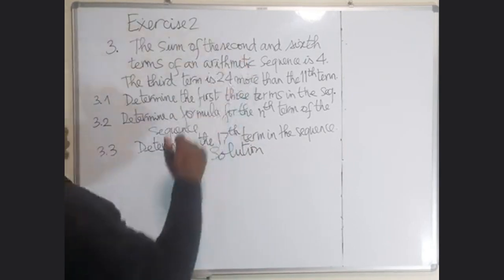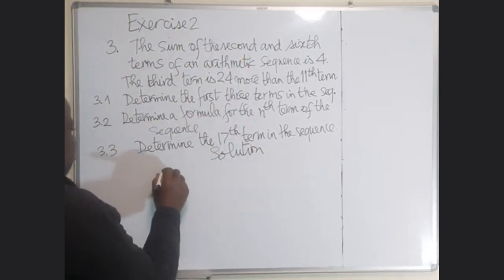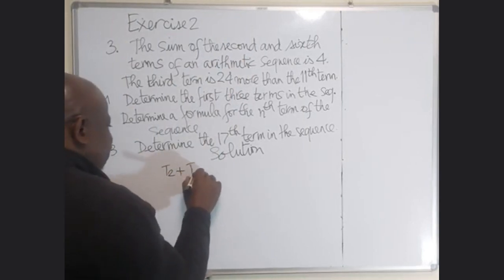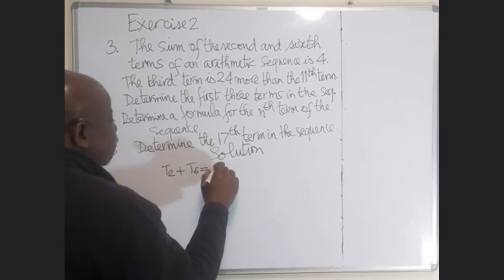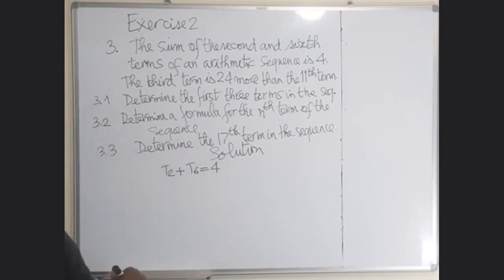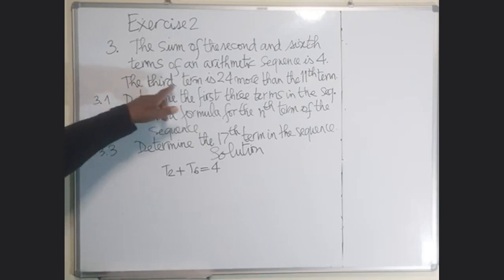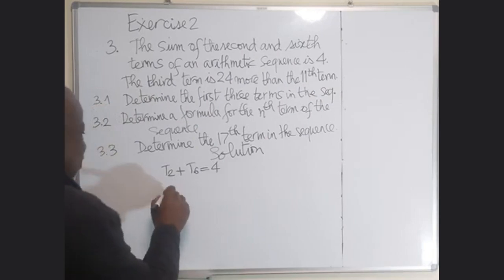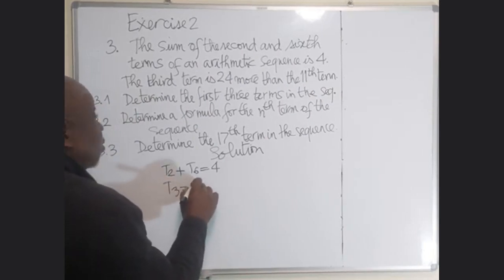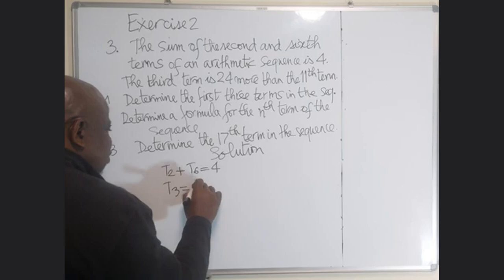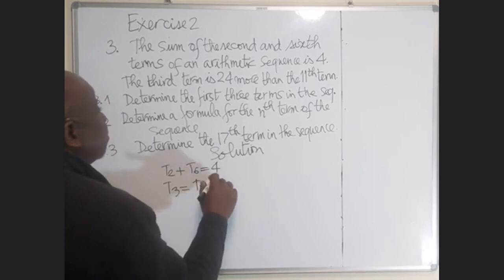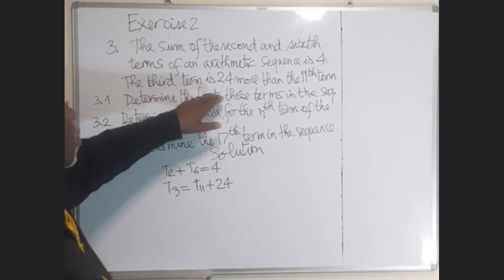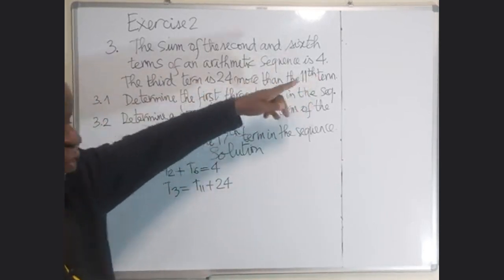The sum of the second, so we'll be having T2 and the 6th term, T6. This is going to give us 4. The third term is 24 more than the 11th term. So we'll be having T3 equal to T11 plus 24, because they said the third term is 24 more than the 11th term.